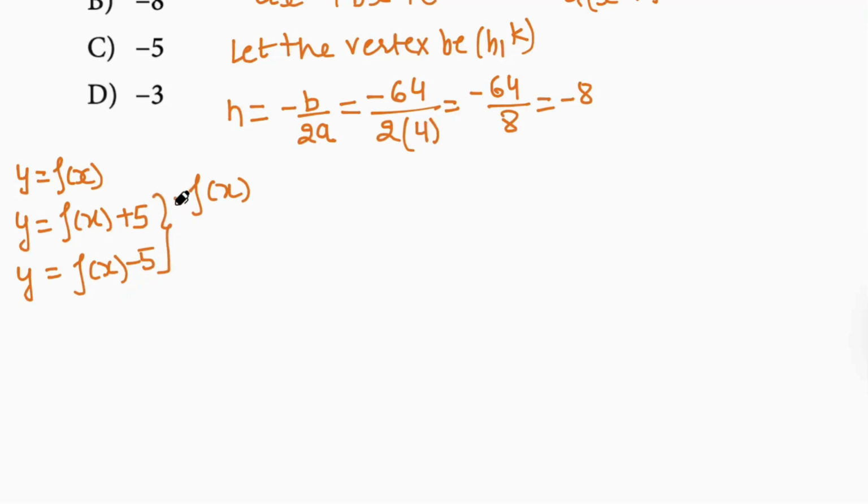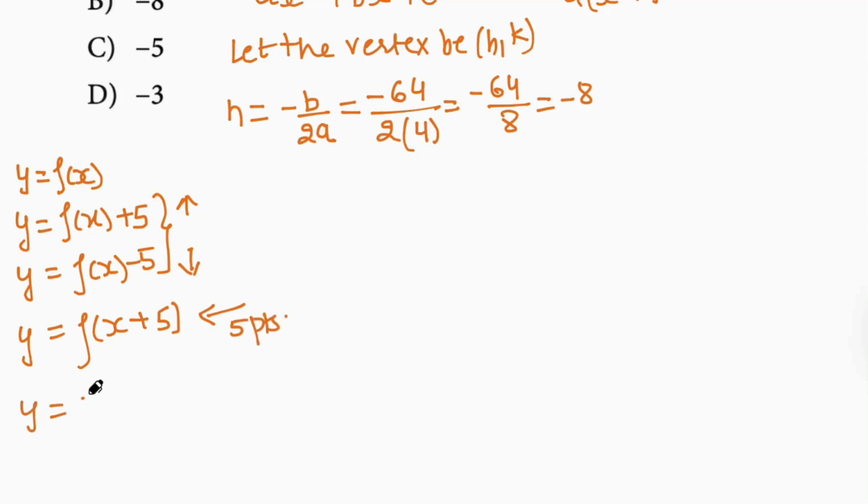For adding 5 it will go up 5 points, and for subtracting 5 it will go down 5 points. But if you add 5 to the input, it will move left 5 points, and if you subtract 5 from the input value, it will move right 5 points.